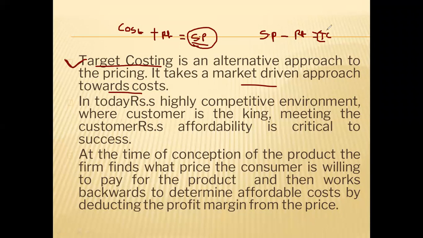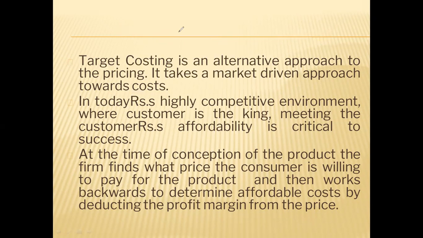This is the cost within which you should produce your product. If you are able to produce the product within this target cost, then you can produce it. Otherwise, you should not produce that product. So this is the concept of target costing.